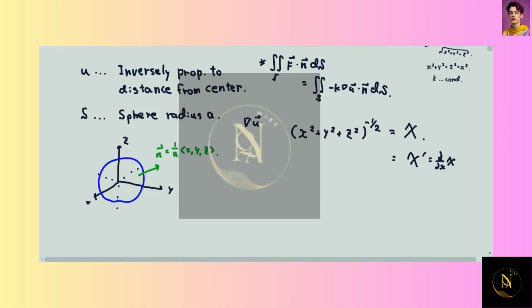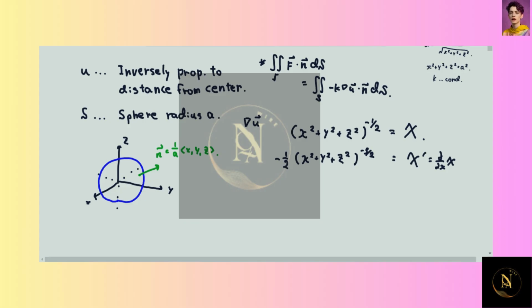This is going to take the form negative 1 over 2 times x squared plus y squared plus z squared to the negative 3 over 2.